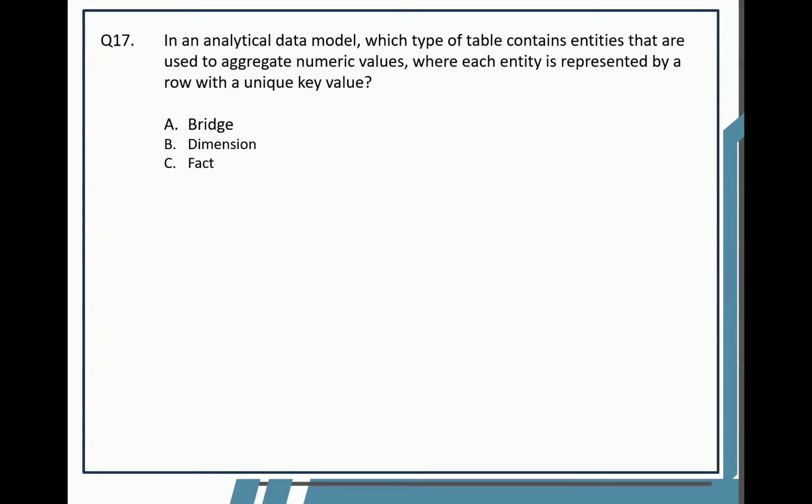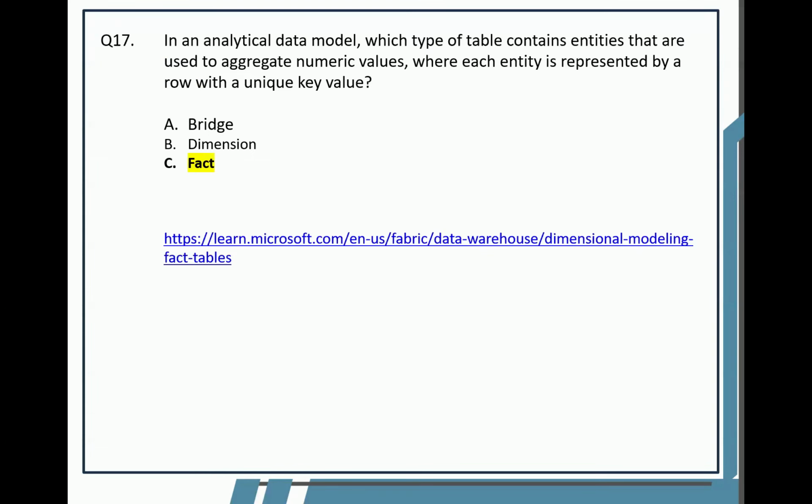Now friends, a fact table typically stores quantitative data, often referred to as measures or metrics, and contains foreign keys that reference related dimension tables. Fact tables are central to a star schema or snowflake schema design, which are common schema designs used in data warehousing and OLAP environments for supporting analytical querying and reporting.